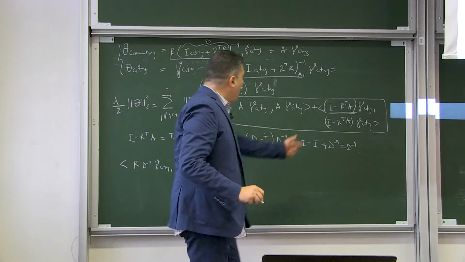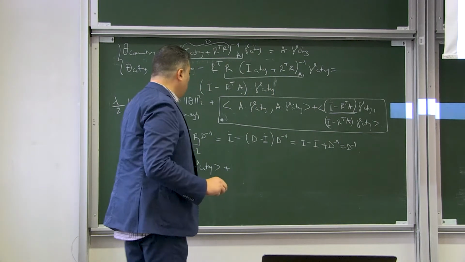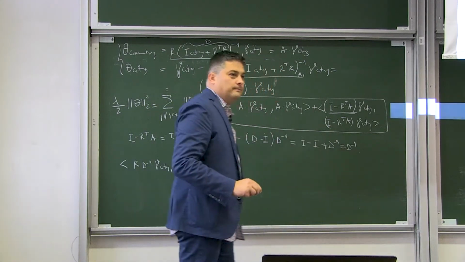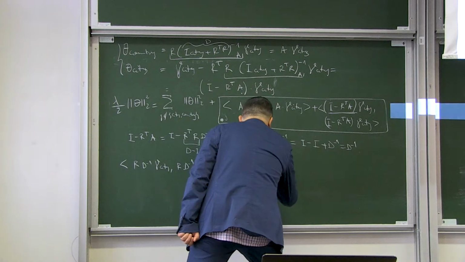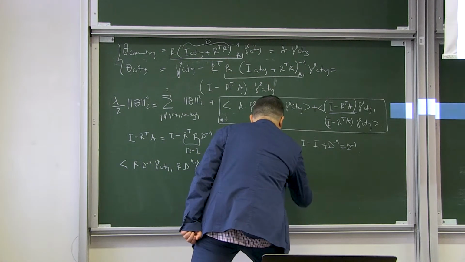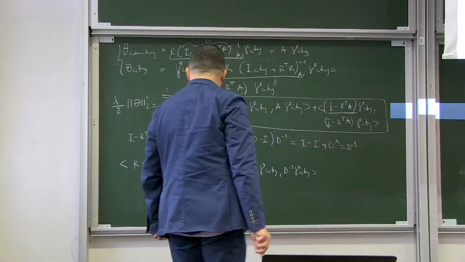Plus, now I already computed this, I identity minus R transpose A, which turned out to be D minus 1. So this is now D minus 1 gamma ct, D minus 1 gamma ct. And let's see what we can do here.